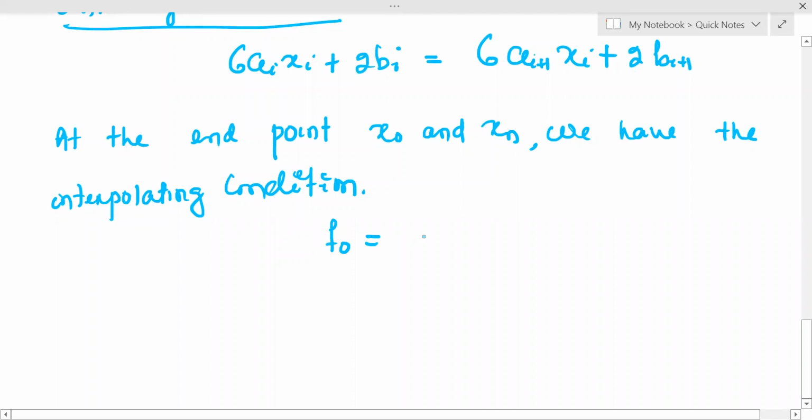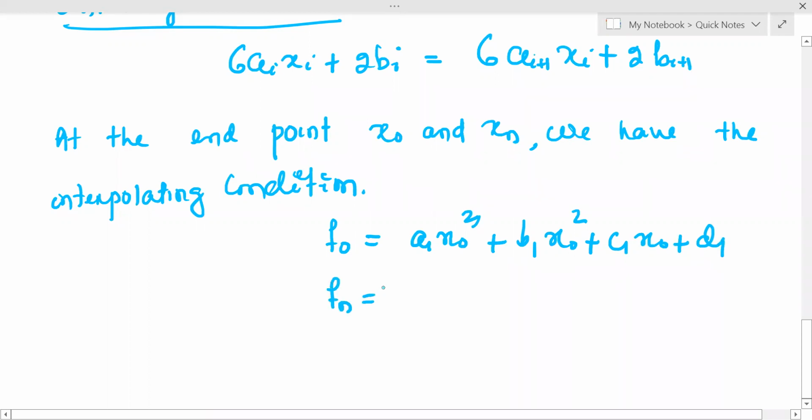F0, that is A1 x0 cube plus B1 x0 square plus C1 x0 plus D1.